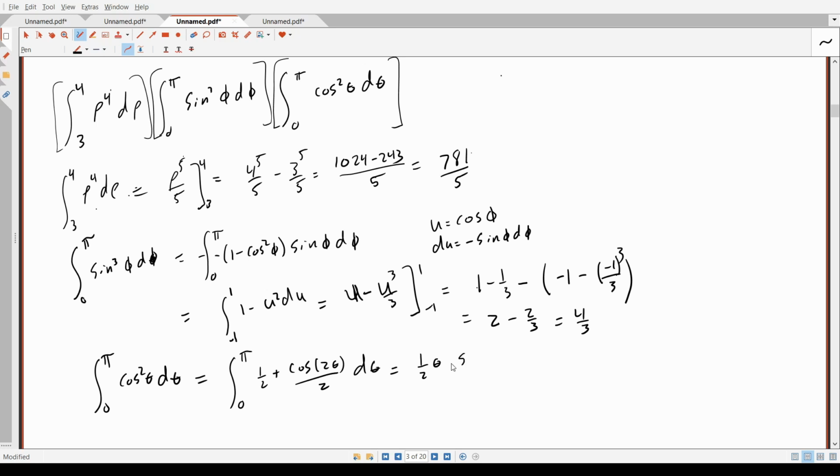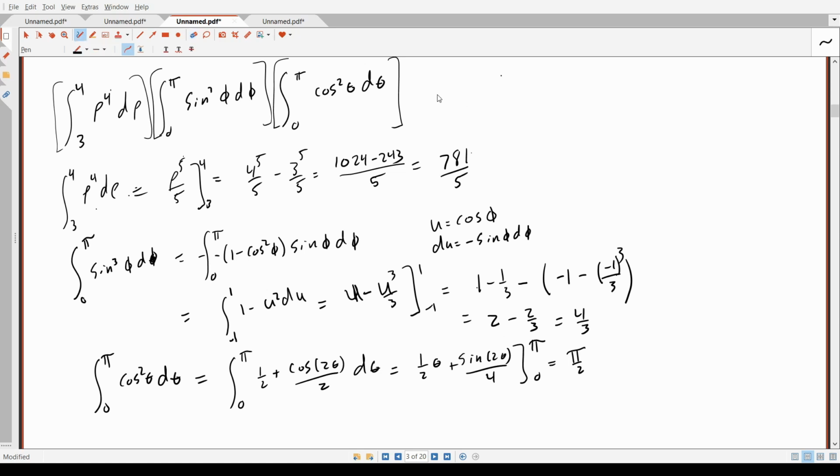Integral of cosine is sine, so sine 2 theta over 4 from 0 to pi. So first term I get pi over 2 plus sine of 2 pi is 0. And then if I plug 0 into either of them, I get 0. So I get pi over 2.